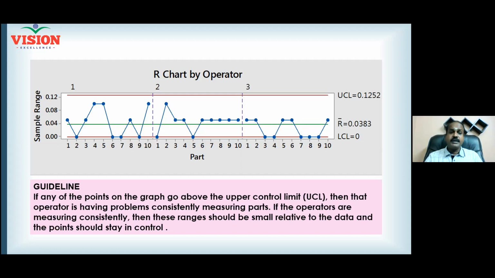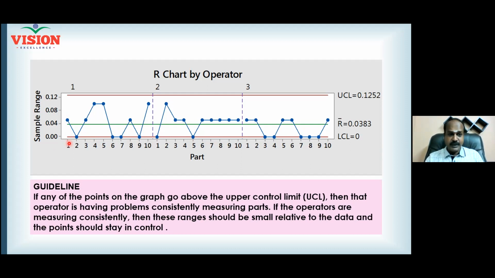And now imagine each appraiser is measuring each part multiple times. The first appraiser on the first part, let's say he measures 3 times.